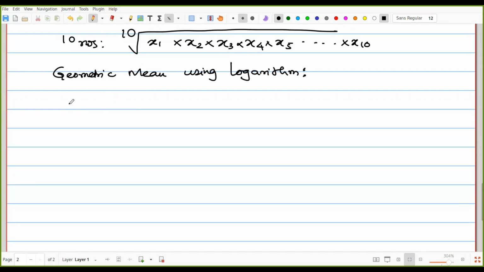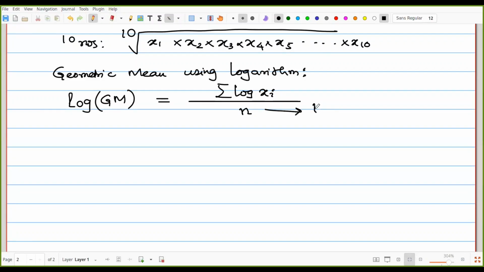That may be written as log of GM. That means log of our geometric mean is equal to summation of log of xi divided by the total number of elements or data, that is n.